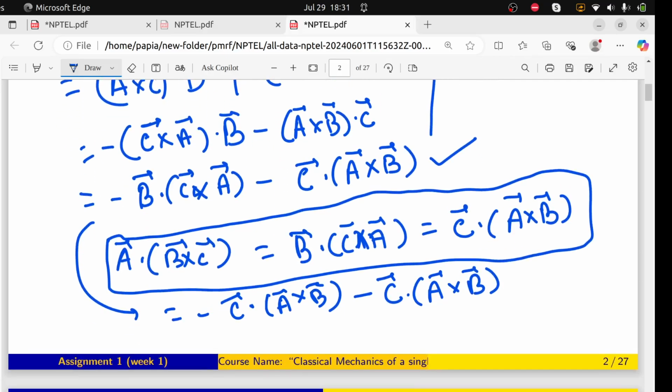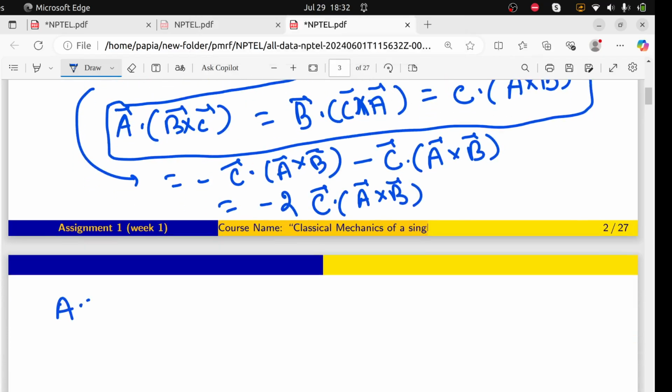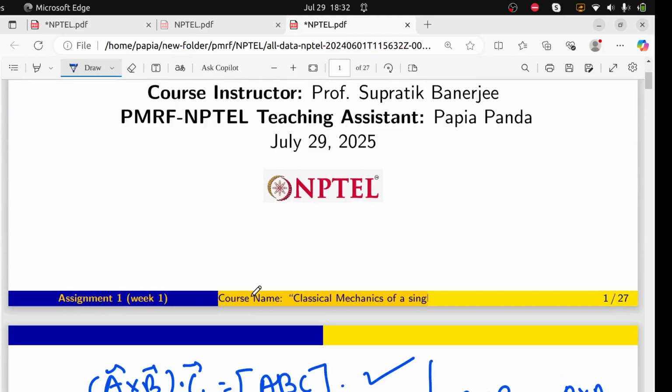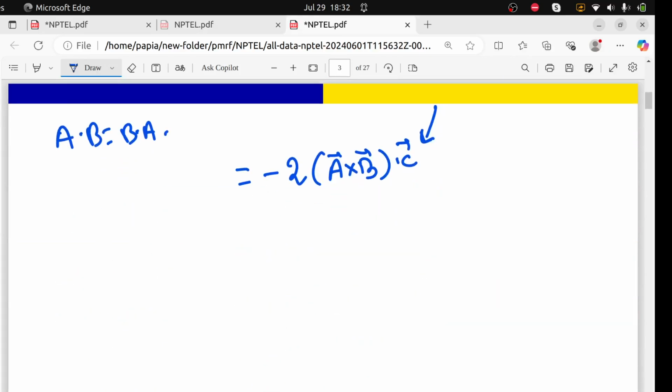Again, minus something minus something, so I can write minus 2 C dot A cross B. And as I told you, A dot B equals B dot A, so I can write minus 2 A cross B dot C. And A cross B dot C is ABC. So can I write it like that? Minus 2 ABC.